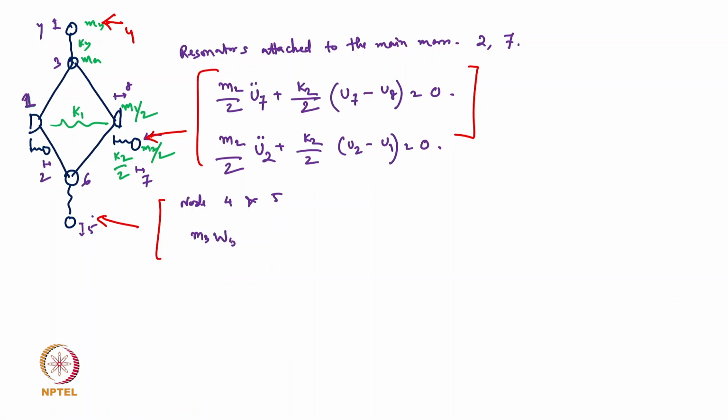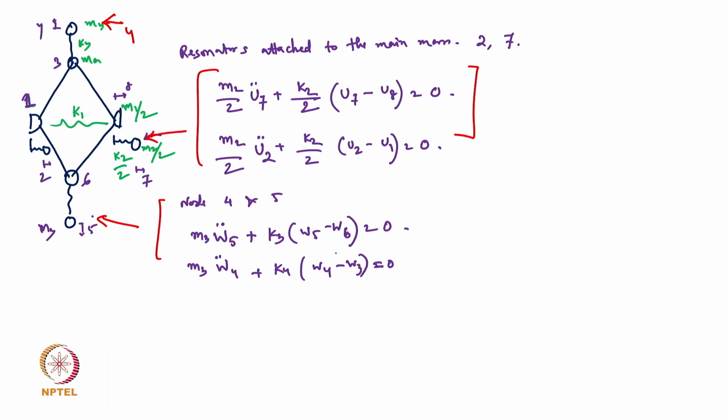So M3 W5 plus your K3 into W5 minus W6. Similarly, M3 W4 plus K4 into W4 minus W3, that should be equal to 0.